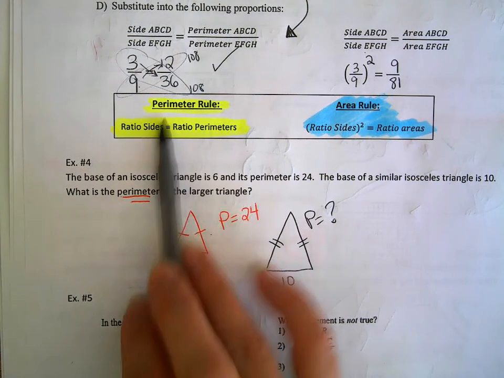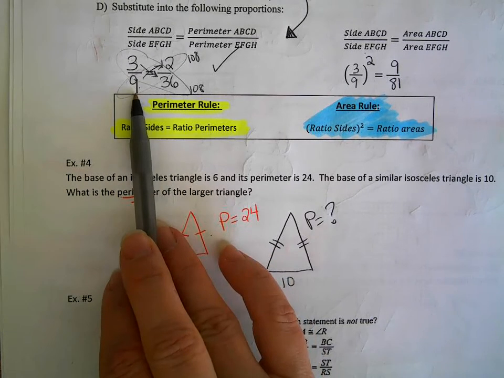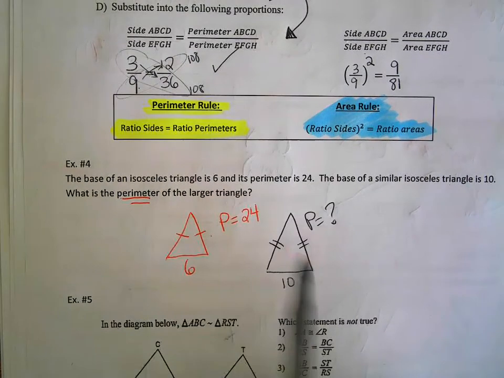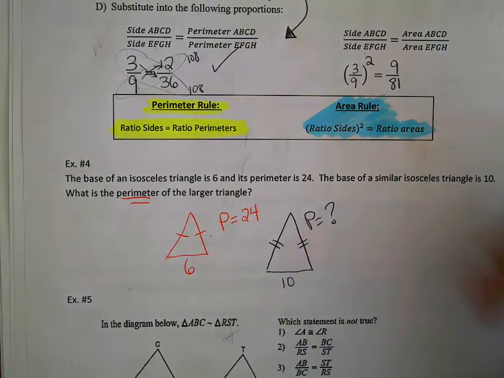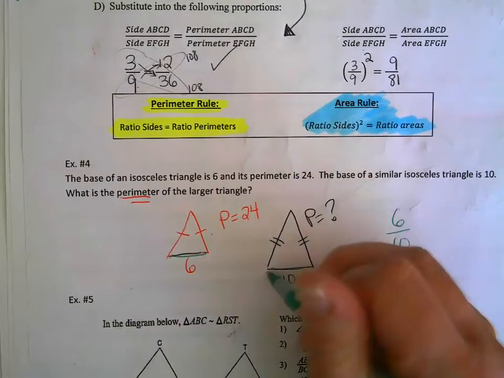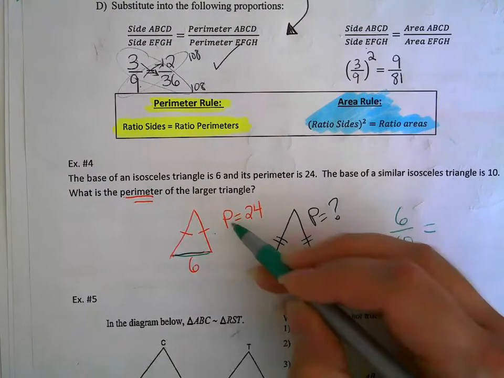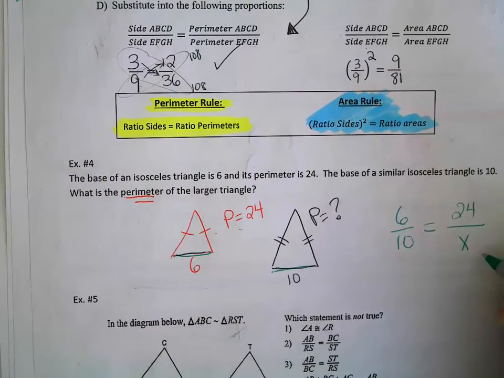Seeing that we're talking about perimeters, we take a ratio of the sides. 3 compared to a 9 were the sides we were talking about up here. Here we have a 6 and a 10. So we're going to set up a proportion. 6 compares to 10, a side compares to its corresponding side, as the perimeter of the smaller compares to the perimeter we're finding.